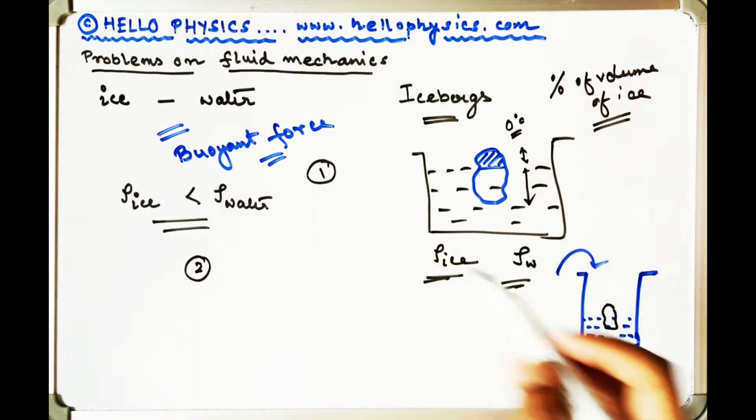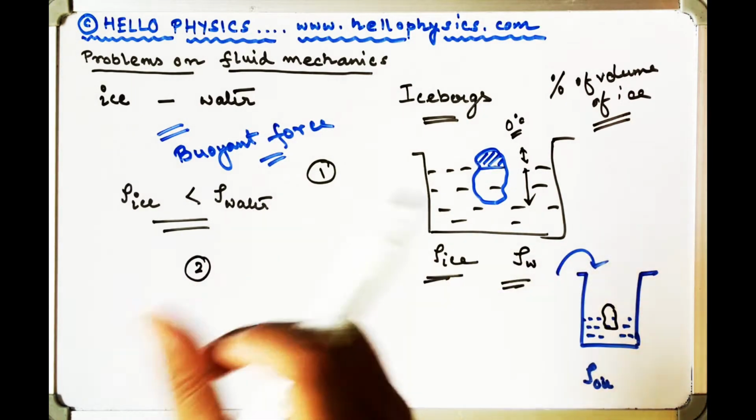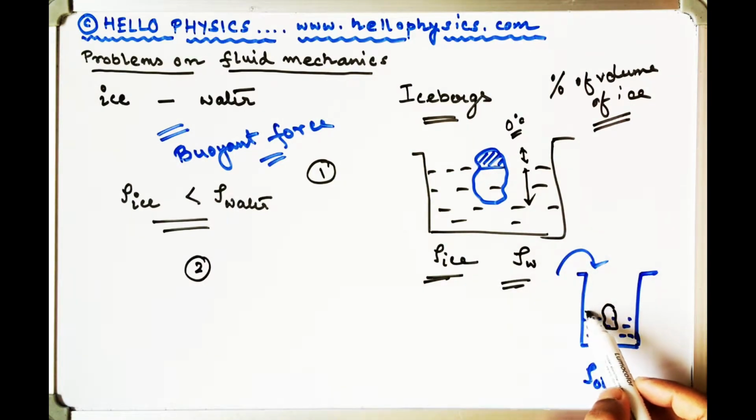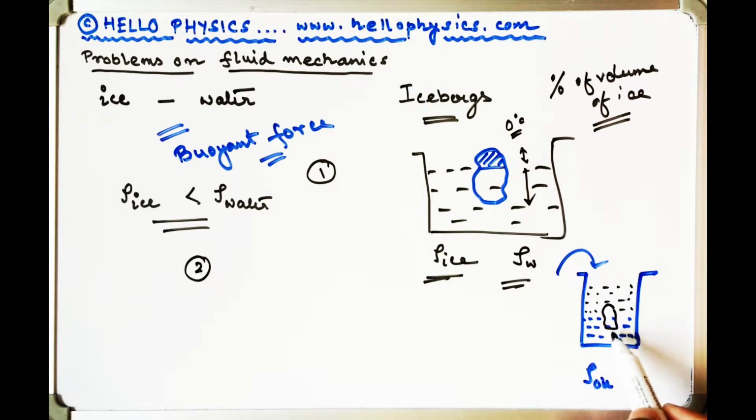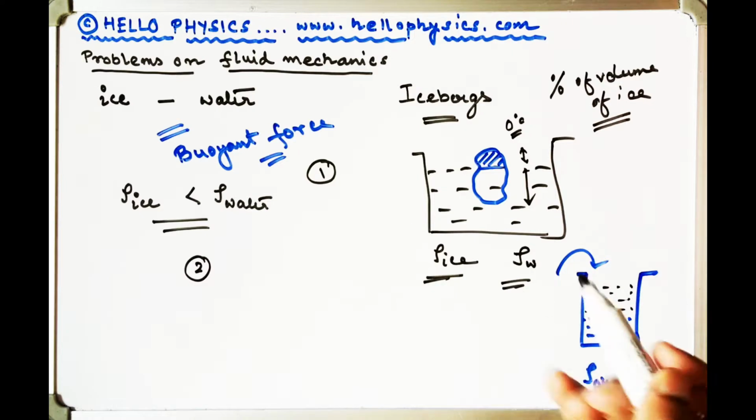Let's assume that the oil and water do not mix with each other. So the oil settles on top of the water. The blue colored ink is the water and the black colored ink is the oil. So the oil settles on top of the water.